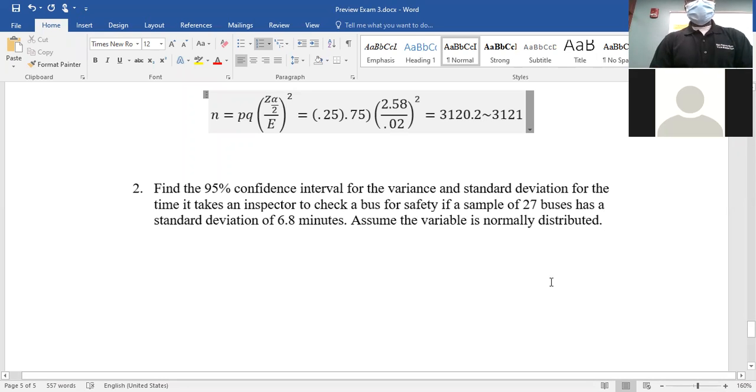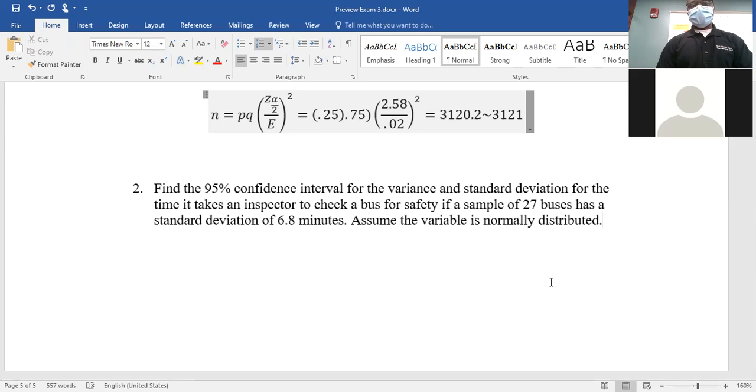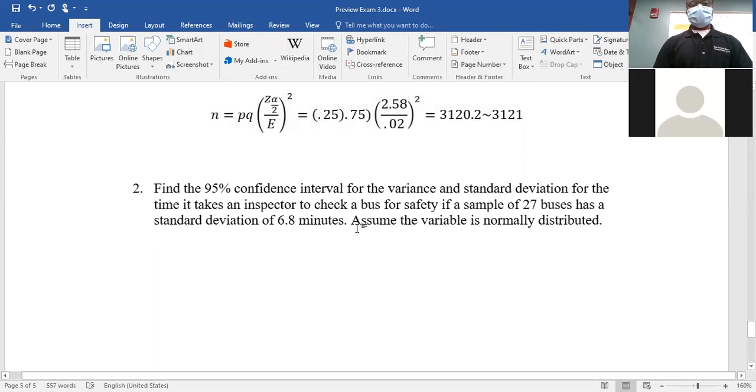So find a 95% confidence interval for the variance and standard deviation for the time it takes an inspector to check a bus for safety if a sample of 27 buses has a standard deviation of 6.8 minutes. Assume the variable is normally distributed. So we want to use chi-square left and chi-square right.